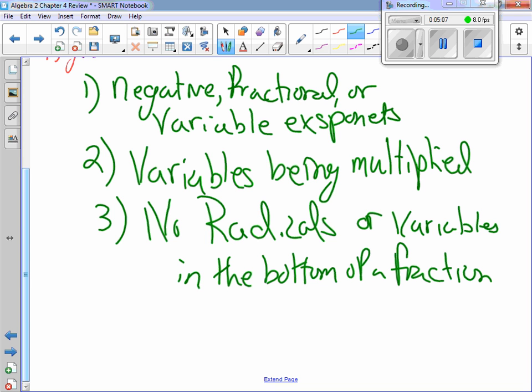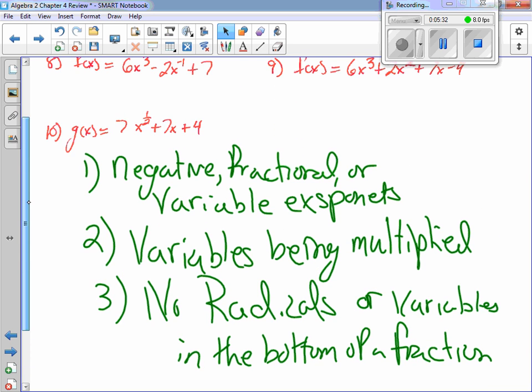A variable cannot be inside a square root or a cube root or any other type of root, and it can't be in the bottom of a fraction. And I believe we listed these more expanded out because I think we had 4 or 5, but it was really made up of these 3 here. I've just simplified them together.